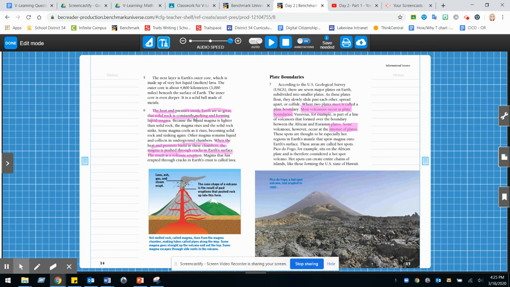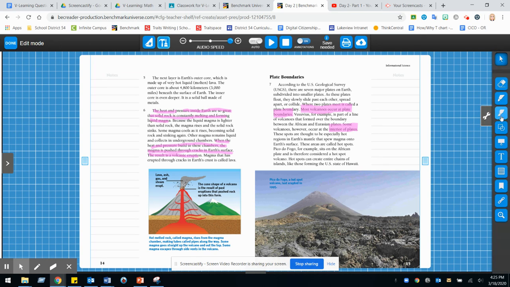The heat and pressure inside Earth are so great that solid rock is constantly melting and forming liquid magma. So we see right here that there is heat and pressure.